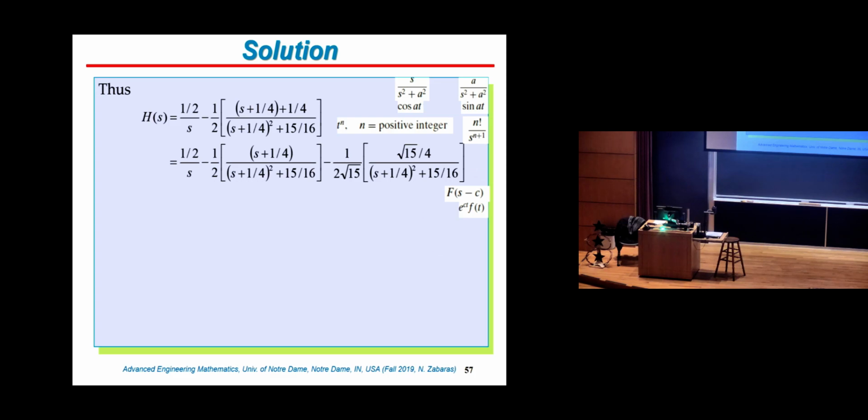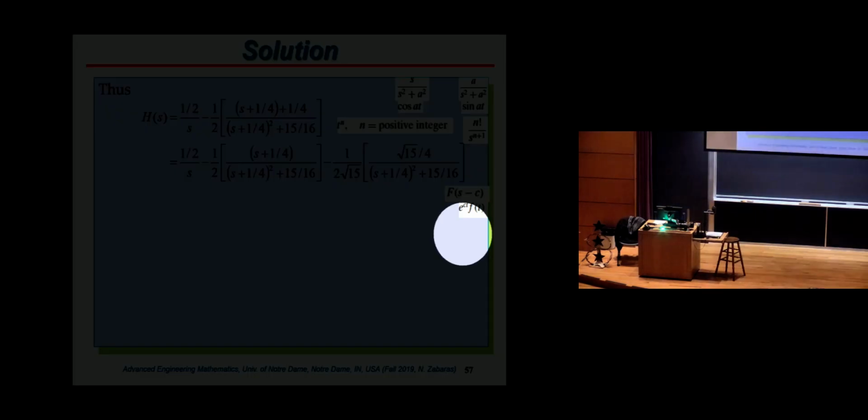So if s over s squared plus alpha squared is cosine of alpha t, what will this whole bracket be? Tell me exactly what this will be. Will be e to the what?